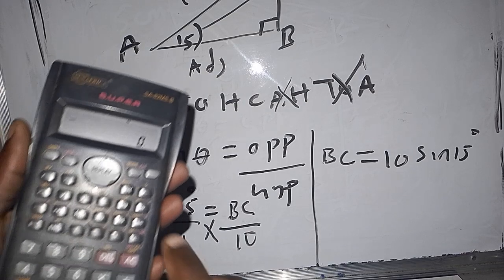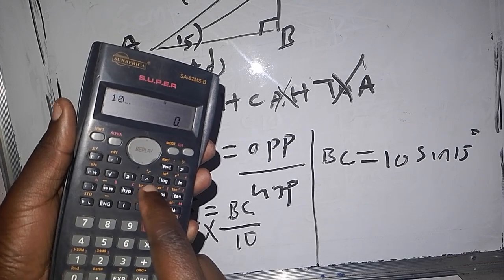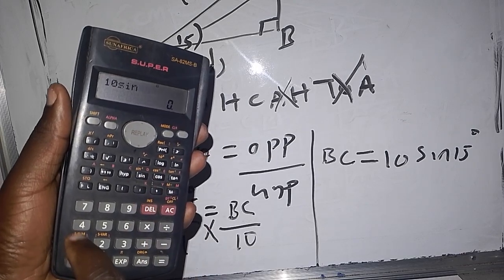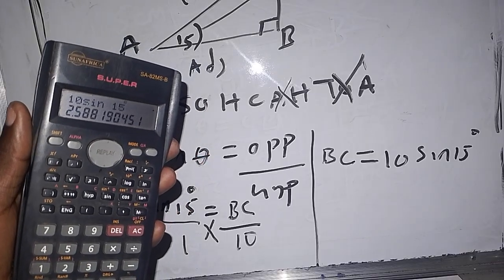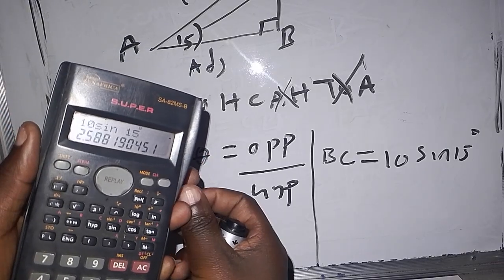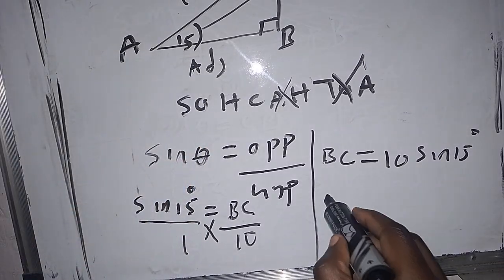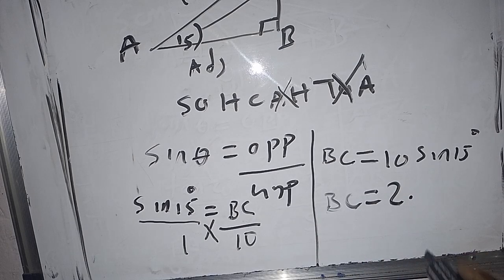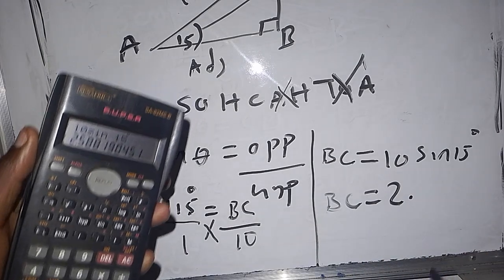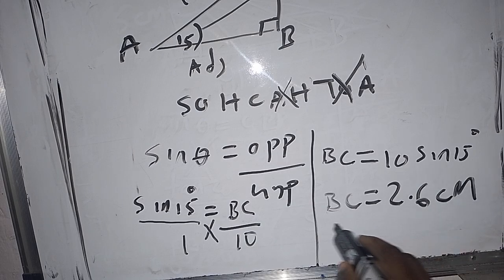So you have 10, then you place sine direct, then you have 15 degrees and place equals. So I'm giving my answers to one decimal place, BC will be equal to 2.6. So it is going to be 2.6 centimeters.